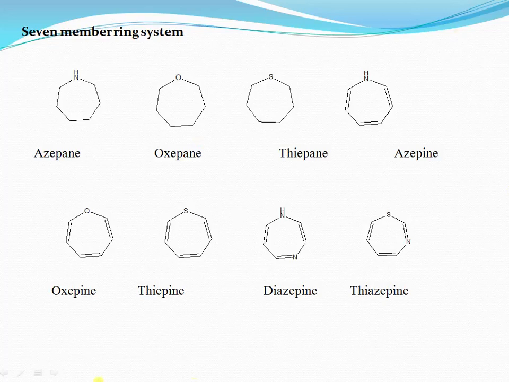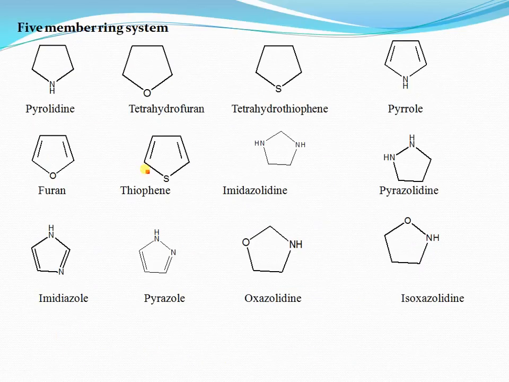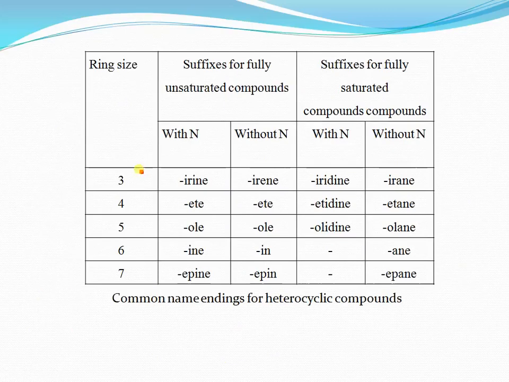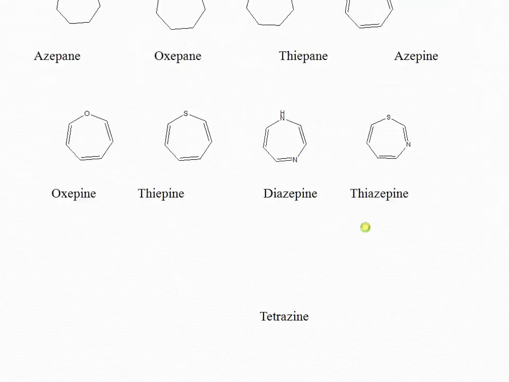7-member ring system. Azepane. It is 7-member. It is 1, 2, 3, 4, 5, 6, 7. Oxepane. Pane. Again the use of this table. Pane, 7-member. Pane without nitrogen, isn't it? 7-member.